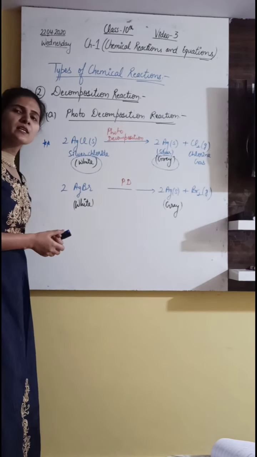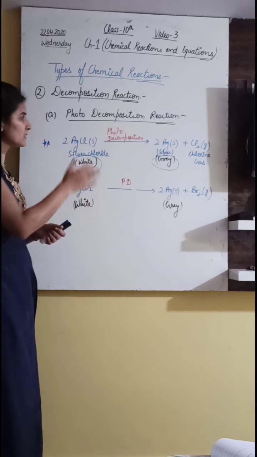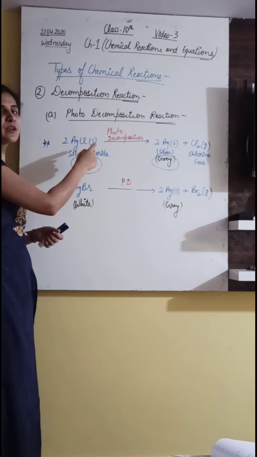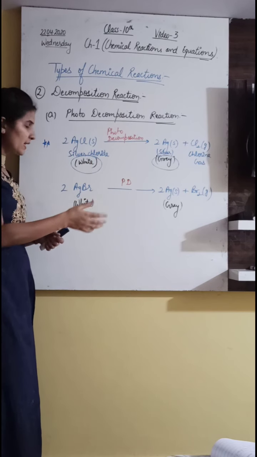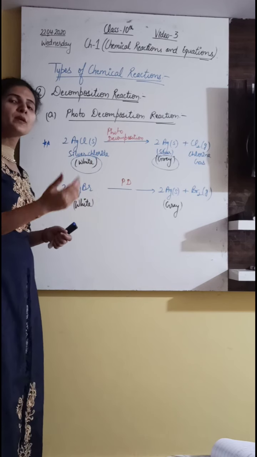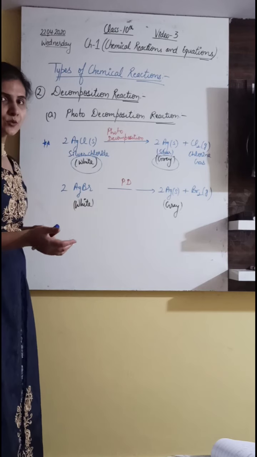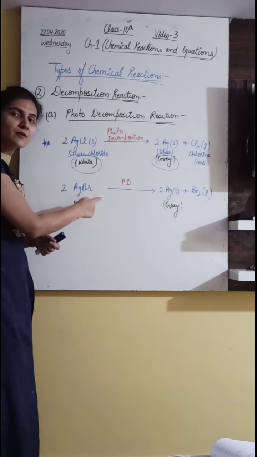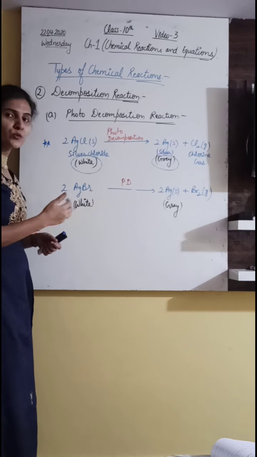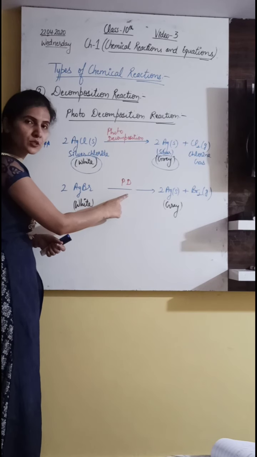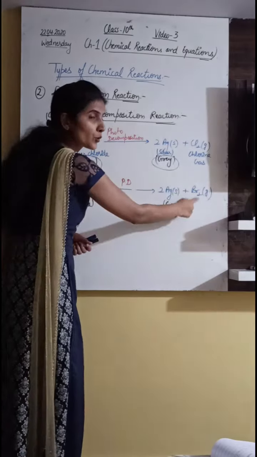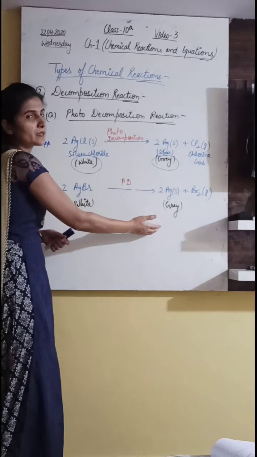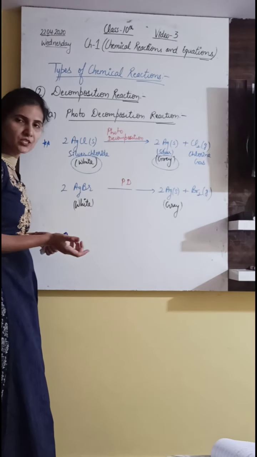Now likewise, we have one more example, the same example. Here we have just changed the chlorine gas with bromine gas. So what will happen if we keep silver bromide in the sunlight? Again photodecomposition will take place and it breaks down into silver and bromine gas. Again this silver is blackish grayish or grayish whitish in color.